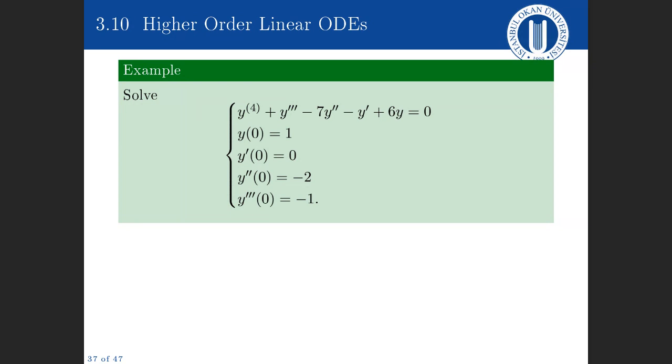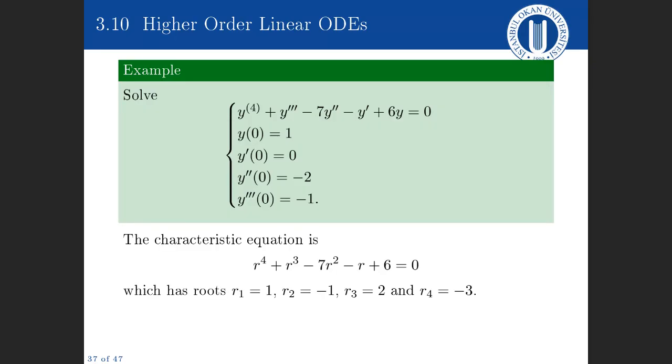So what do we do? The first thing we do is write down the characteristic equation. In the differential equation, we had y 4 derivatives, so in the characteristic equation, we're going to start with r to the power 4.